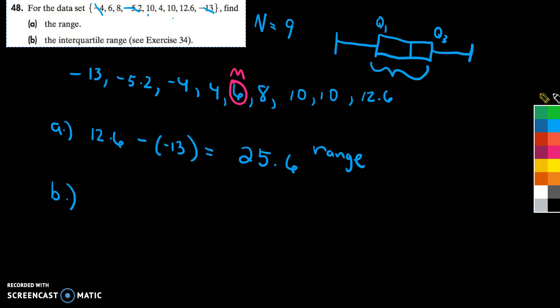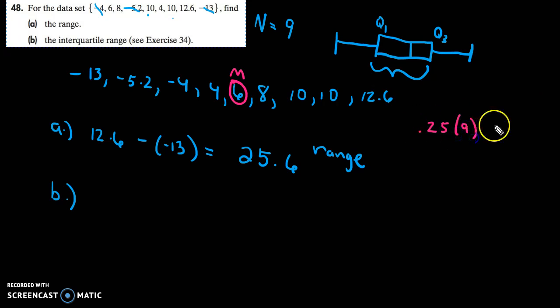So the locator, if I want to be 25% of the way through 9 numbers, 0.25 times 9 is 2.25. And if you land on a whole number, you go halfway in between. If you land partway in between, so this is saying take the 2.25th number, you round up and take the 3rd number. So that would be this one, becomes Q1.